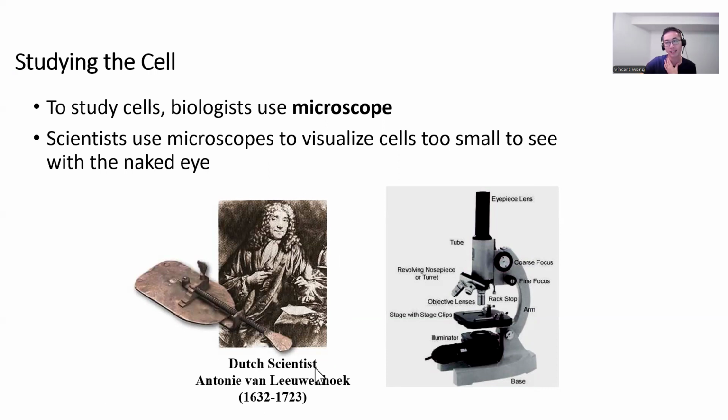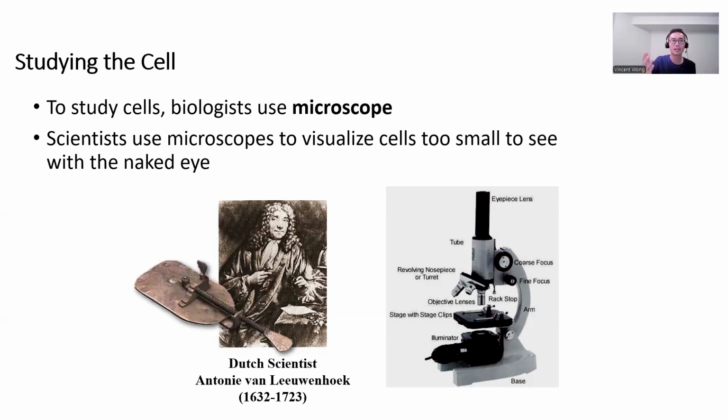He wasn't actually a scientist by training. I think he was a tailor selling clothing and fabrics. But as a side interest, he liked to make lenses. And one time he made this very small lens, and then he was just looking at water through the lens, and he noticed there is an entire world that is unseen in the water.